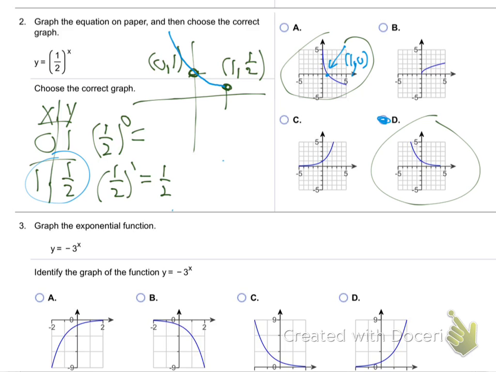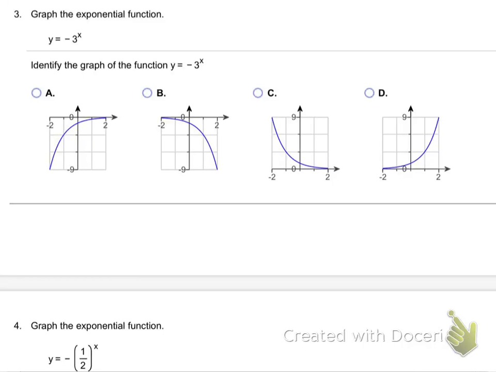Notice there's no parentheses around that -3, right? So that negative is not involved in any power stuff. It's outside of that. Okay, let's try this one. So if I may, I'll just come over here and make an XY table.